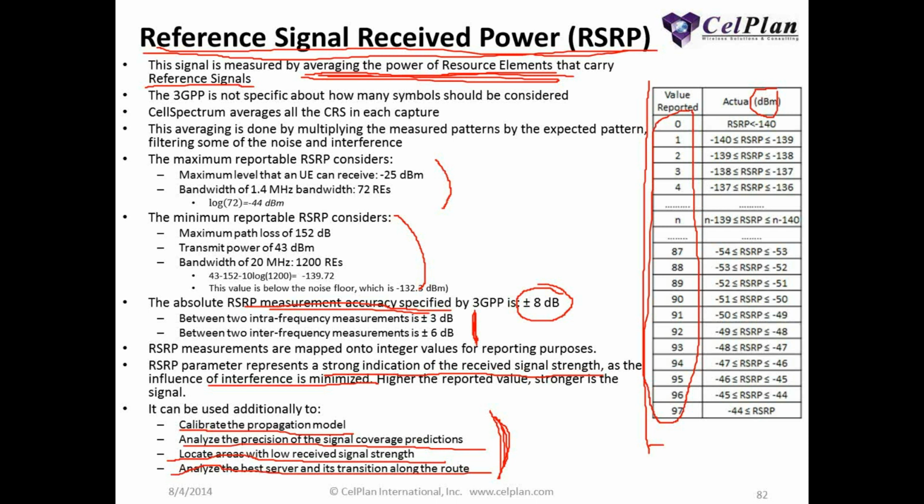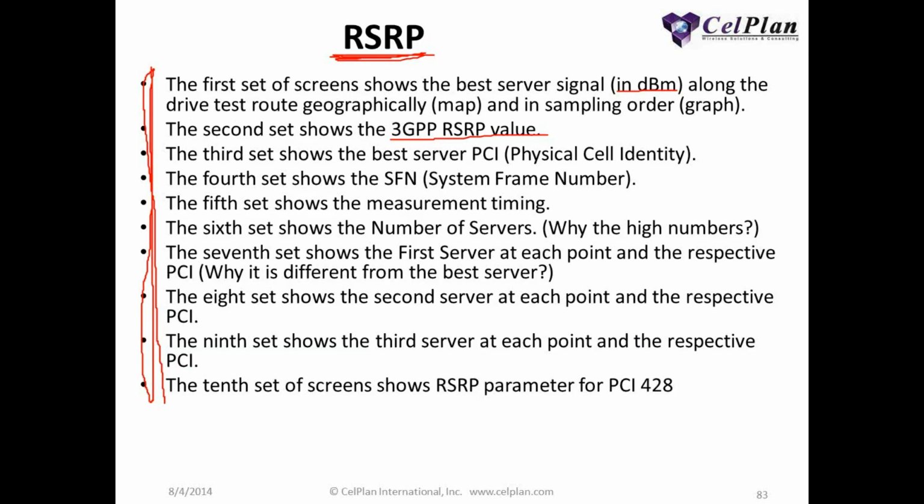Well, although this is one single parameter, we have here 10 ways of presenting information about it. So the first screen is the one that shows the parameter in dBm. The second shows the parameter in 3GPP value.